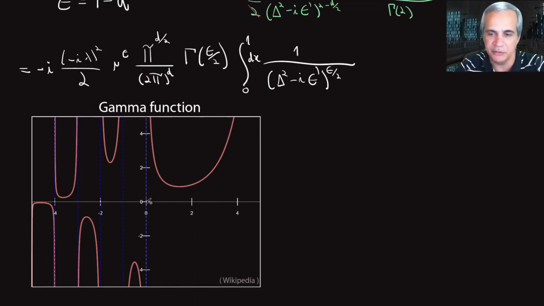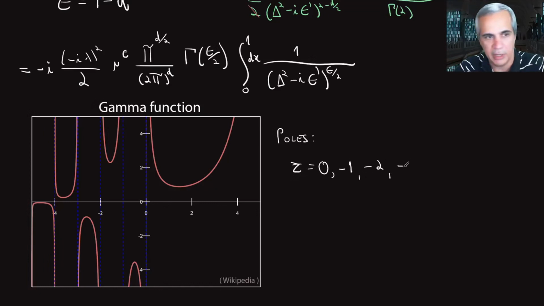So 0, minus 1, minus 2, all have simple poles in the gamma function. So this function has poles at z equal to 0, minus 1, minus 2, minus 3, and so on and so forth, right?